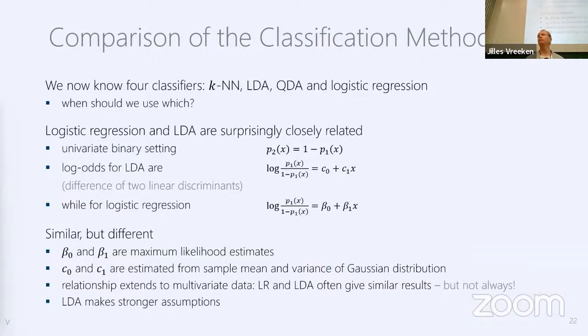Can you give me some intuition, or maybe you have the answer already at the ready, why logistic regression is in general the more powerful and the more useful of the two? You're not sure? Okay, that's not the right answer.